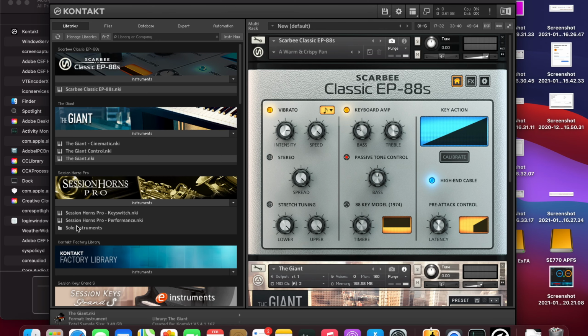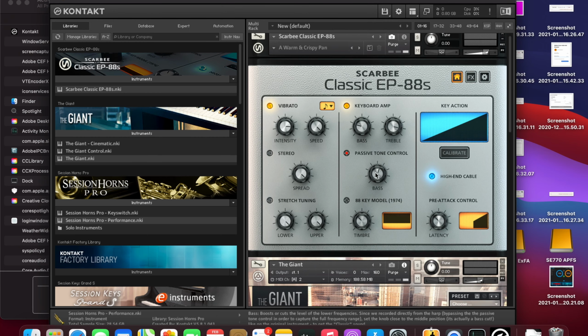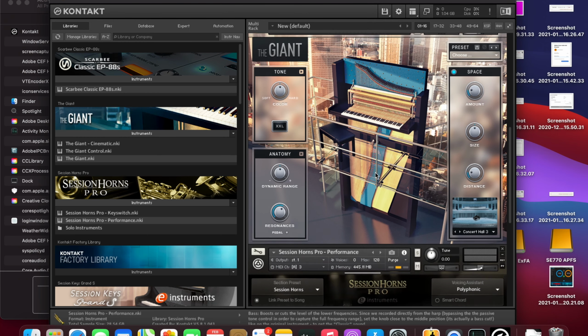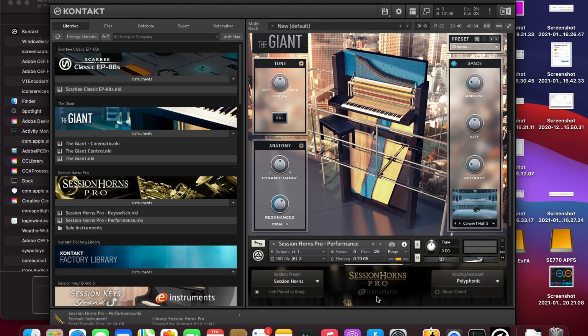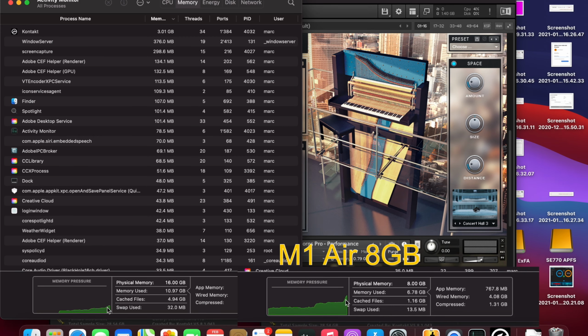Let's take a last one, performance here, the session horns. Let's have a look. We see it's still loading, 0.79 gigabyte, and the total here is 1.4 gigabytes, and we see an increase here a bit of the memory.